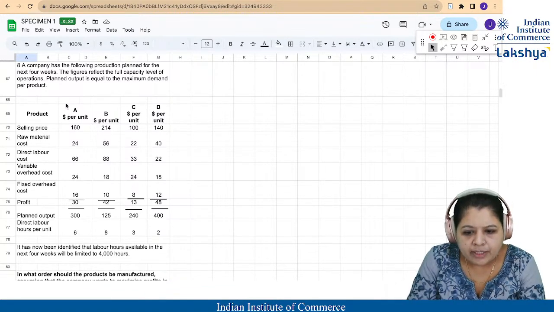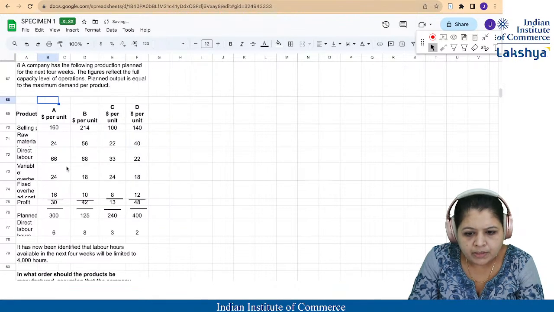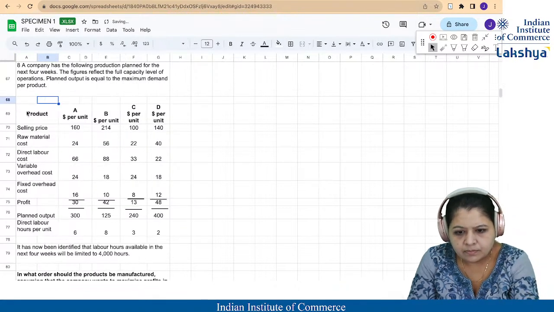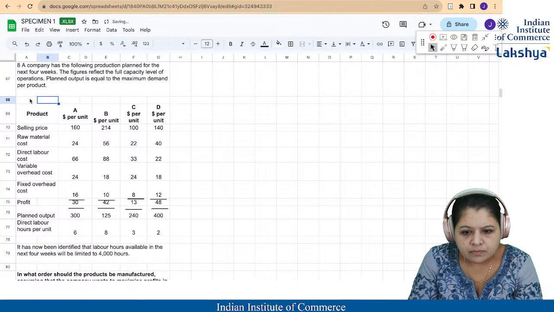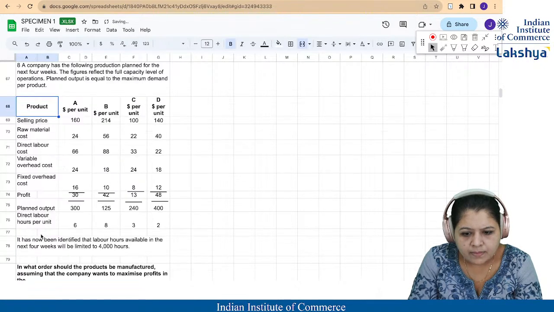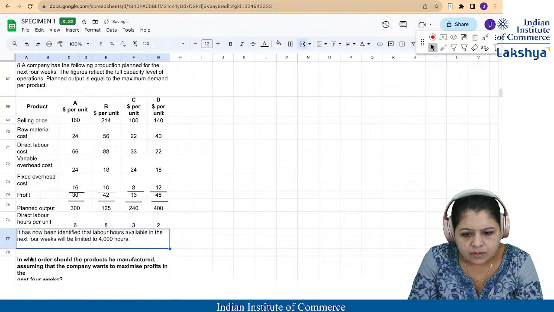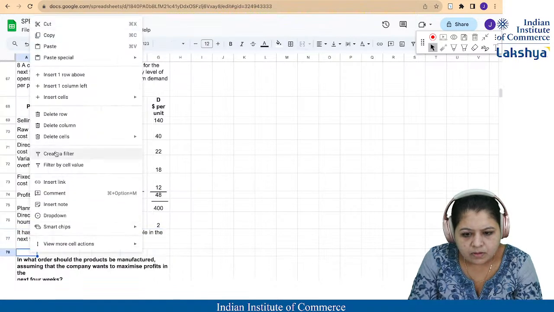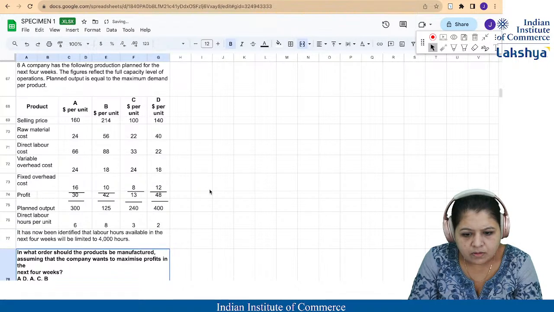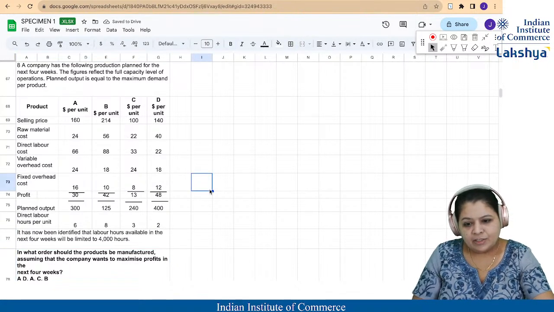Next, I'm just going to eliminate this line so we can see the whole question in one space. Still can't see, never mind. So what does the question say?